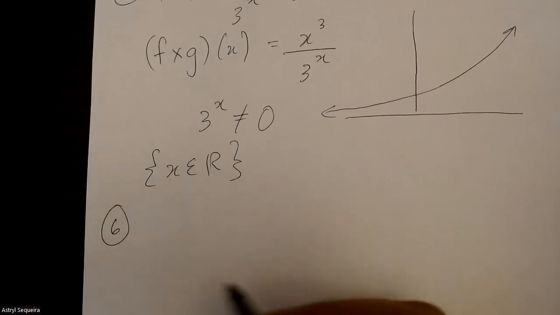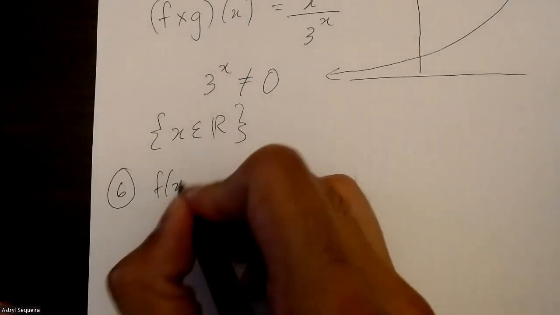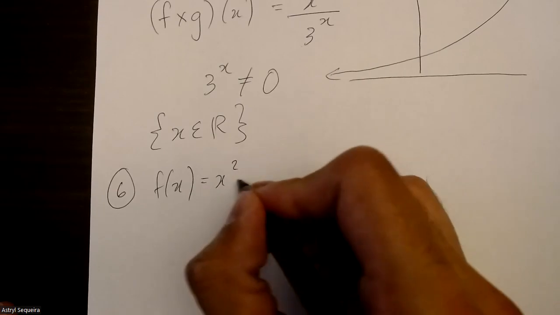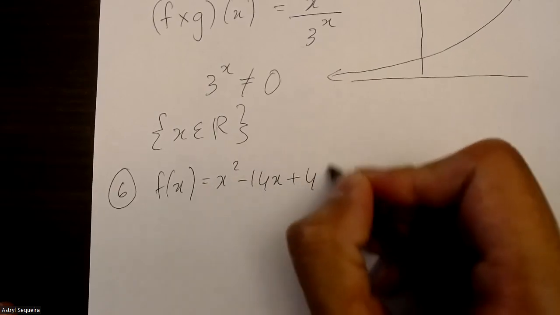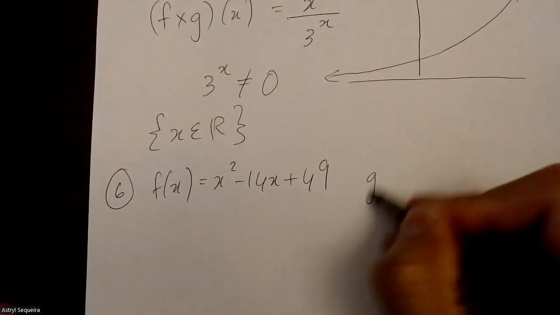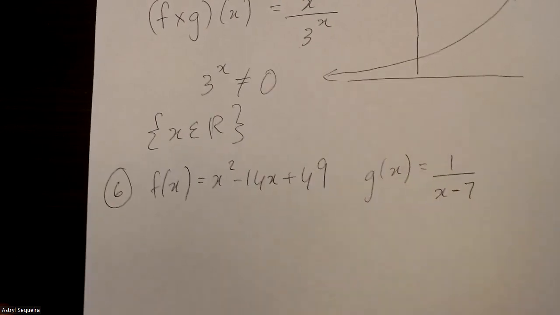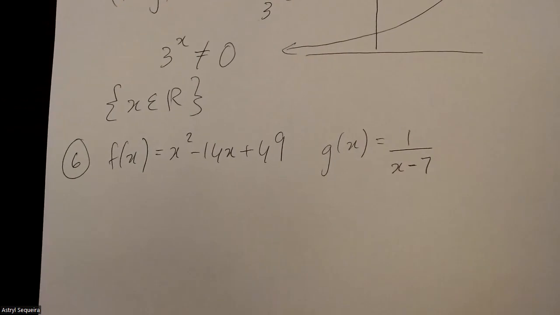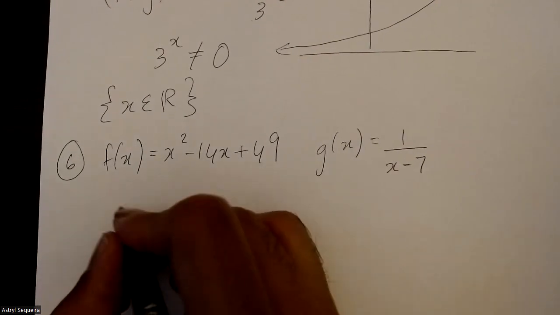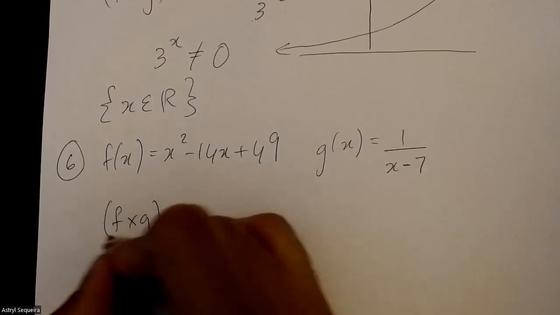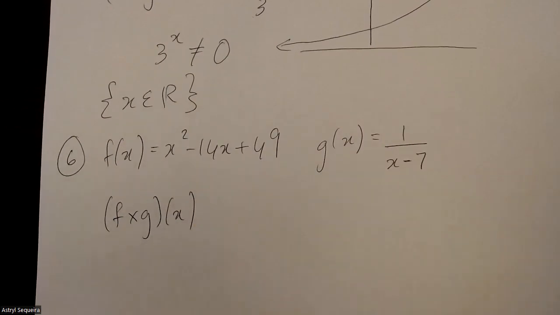Okay, question number 6, we have f of x equals x squared minus 14x plus 49, and g of x equals 1 over x minus 7. And we need to find where f times g of x has a hole.